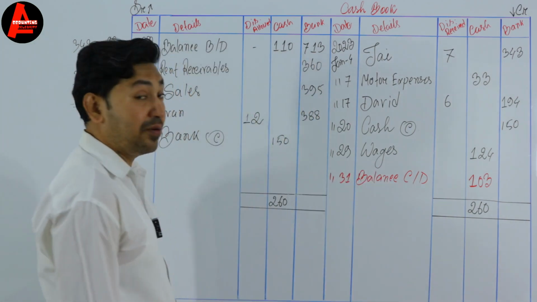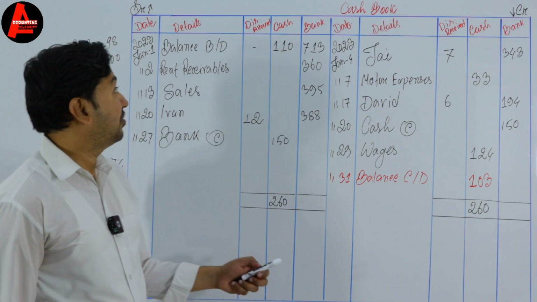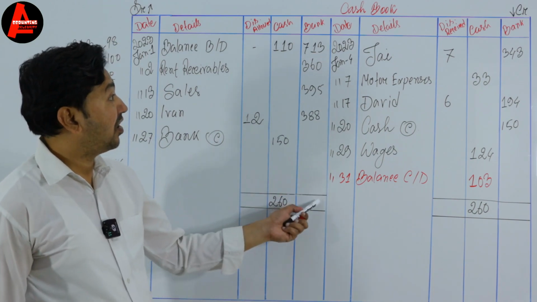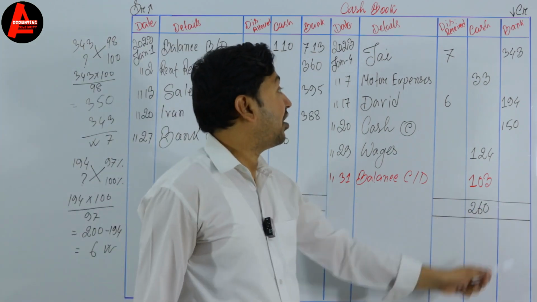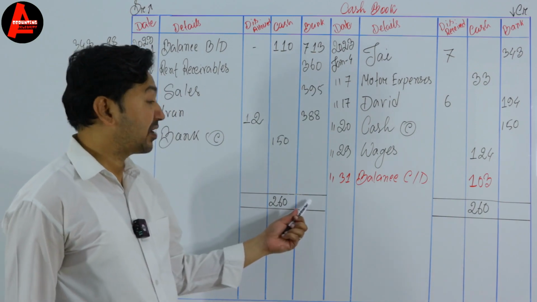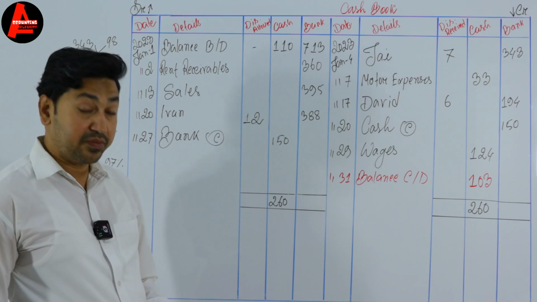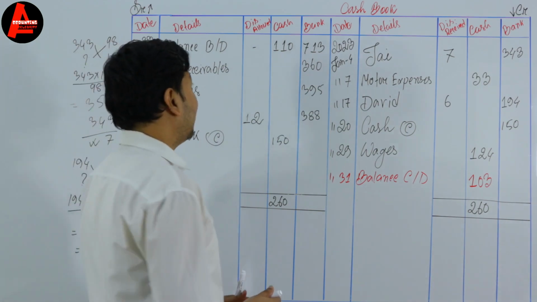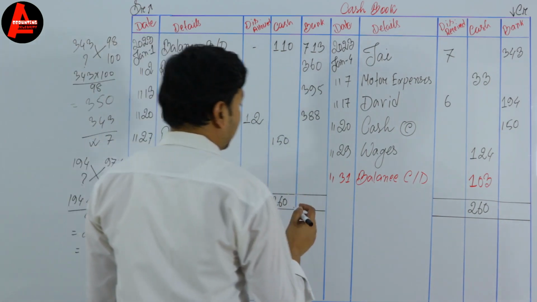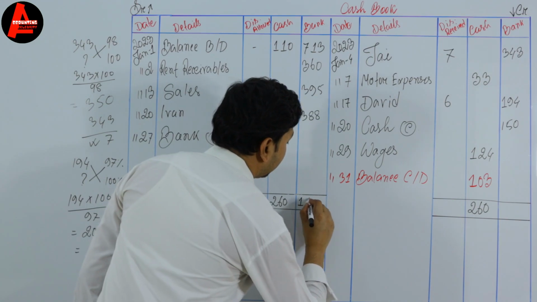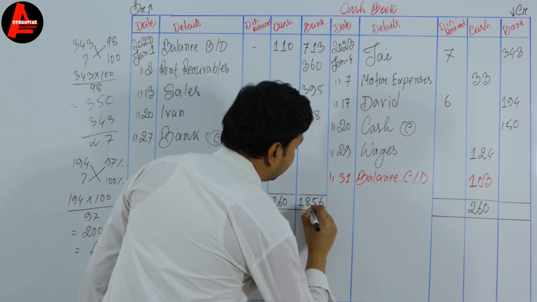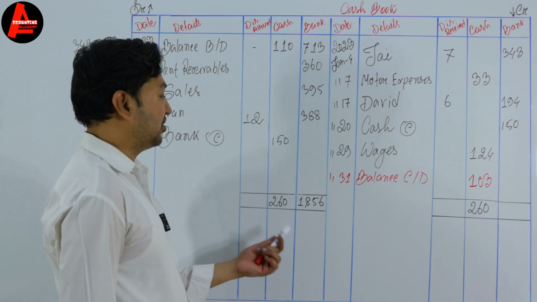Great. Now the bank column. We will check the bank column and compare. We see our debit column is greater, so in the debit column we will sum up first. If we total this column, we get $1,856.